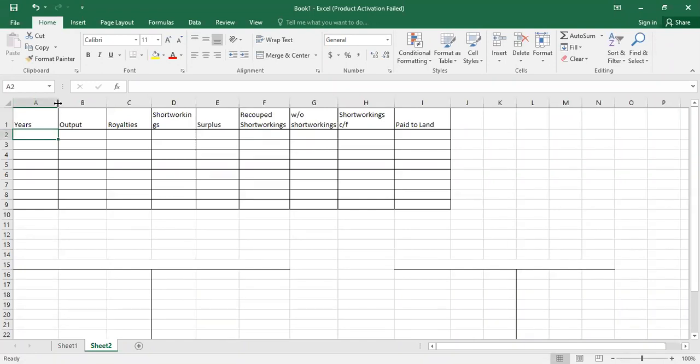So we have the years: 97, 98, 99, and 2000. Those are our years. Give me the output. You've been given the output there: 8, 13, 21 and 18. Those are the outputs in tons. I'm confirming.